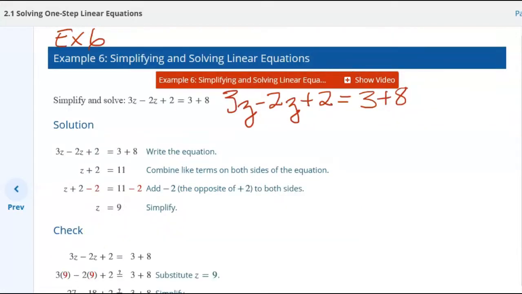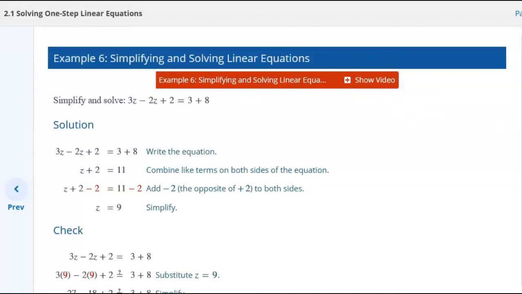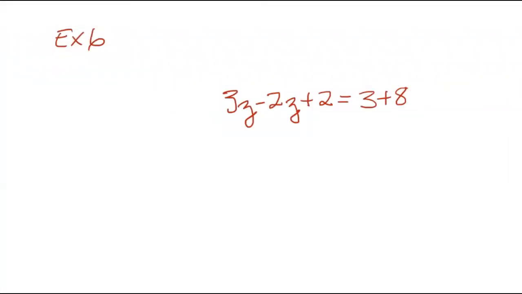Now for example 6, and I'll go to the whiteboard. One of the things we do is look at the equation first after checking that we've copied it correctly. Is there something we can do to simplify? And the answer is yes.